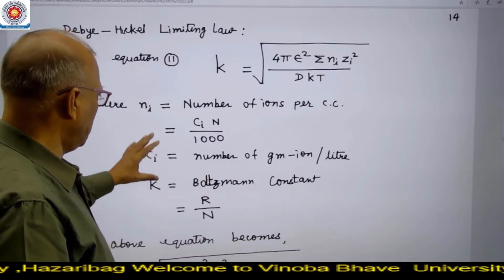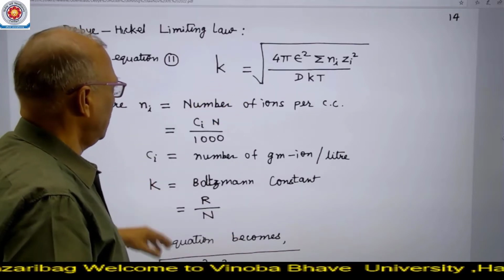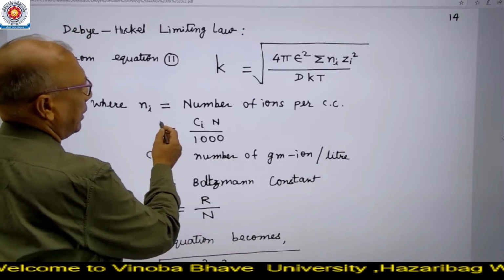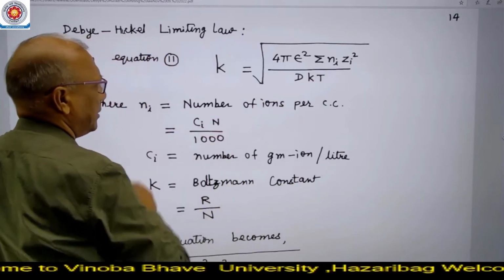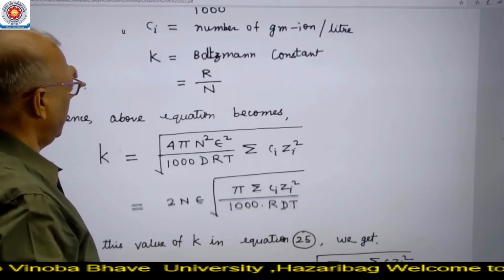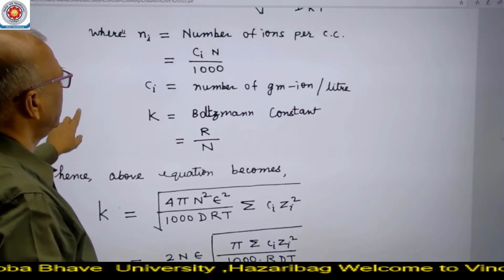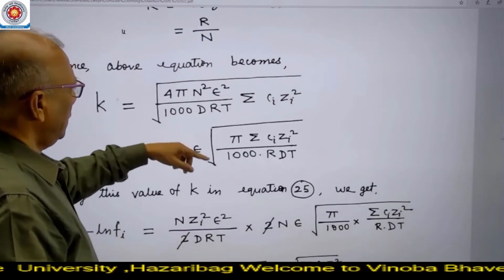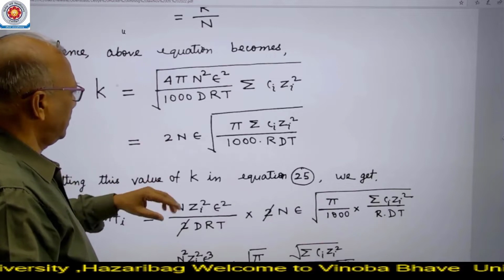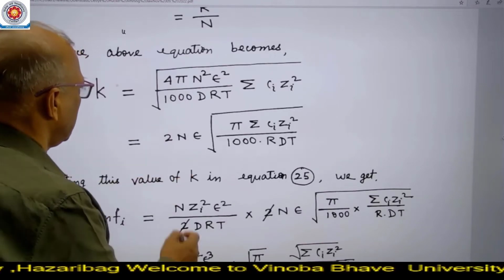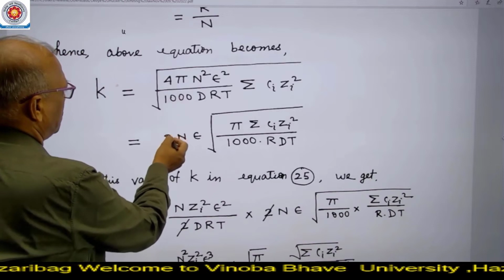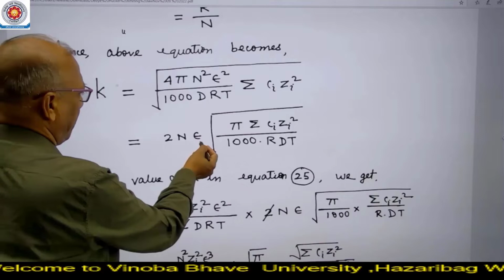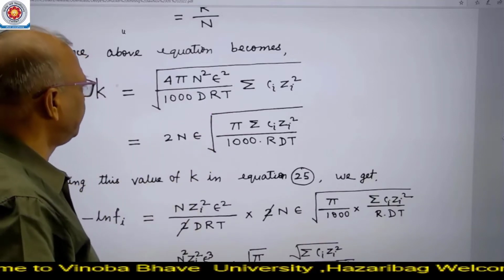This is already discussed in the previous class, and k is equal to the Boltzmann constant. So if we put these values in this equation, for k is equal to R by N, and this Ni is equal to Ci N by 1000, then we get this type of equation. This equation converts into this form, and if we simplify this equation for some terms, this 4 becomes 2, N square becomes N, and epsilon square becomes epsilon when it is taken out of the root.